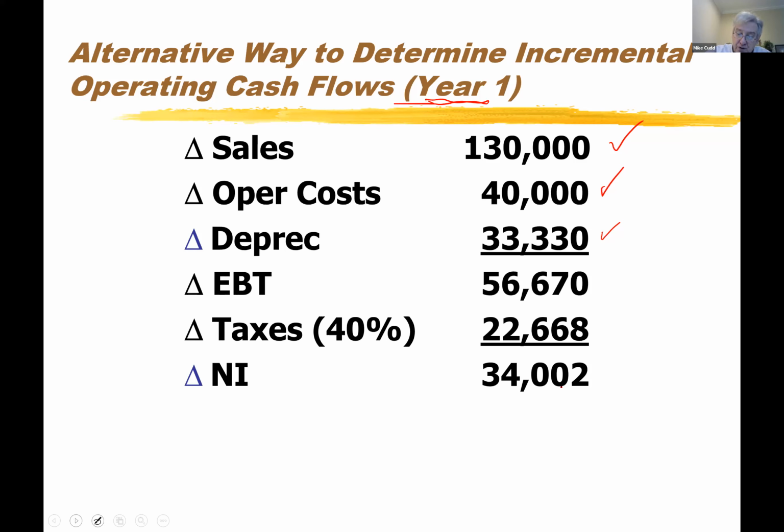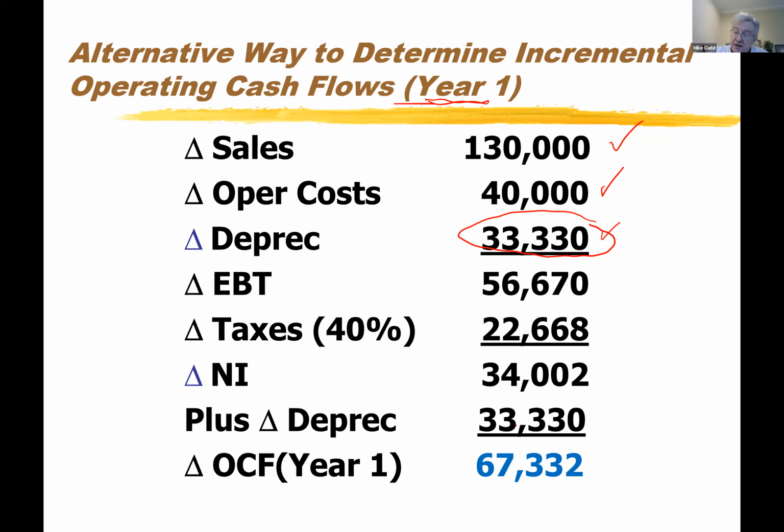To convert book profit to cash profit, you look up in the income statement at any item you deducted that was not a cash deduction, such as depreciation, and you add it back in.